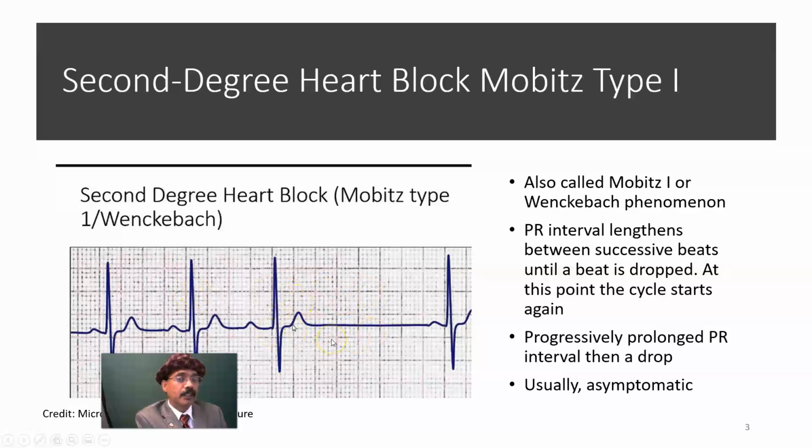That is the second degree heart block, Mobitz type 1, Wenckebach. So prolonged PR interval, prolonged PR interval, then there is a dropped beat here. The QRS is missing here. That is the second degree heart block, Mobitz type 1, Wenckebach.